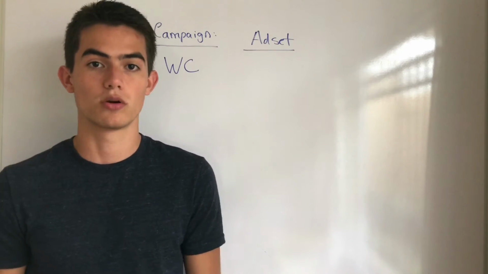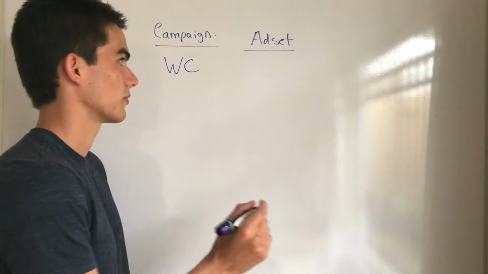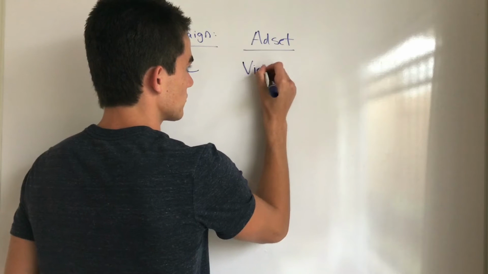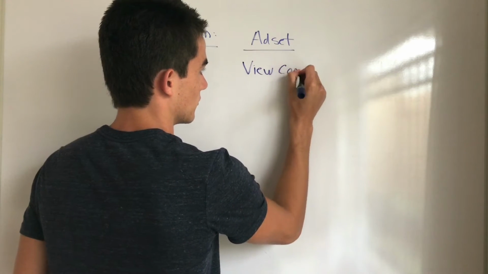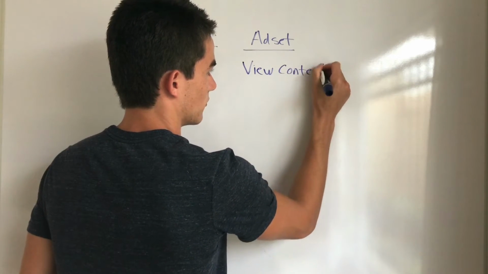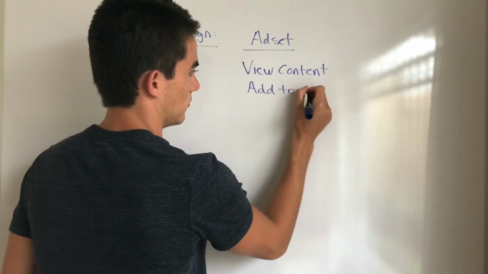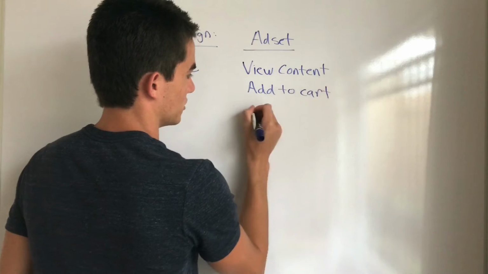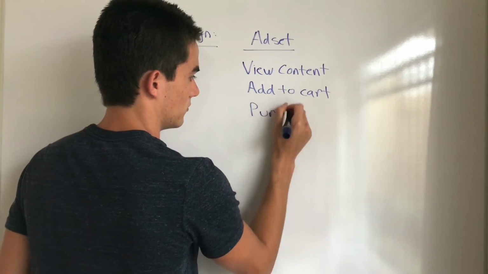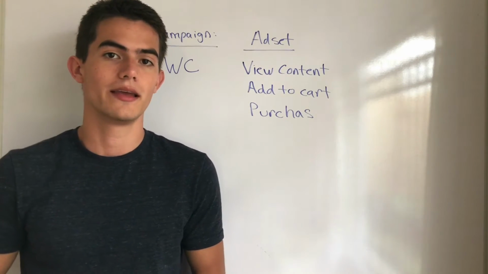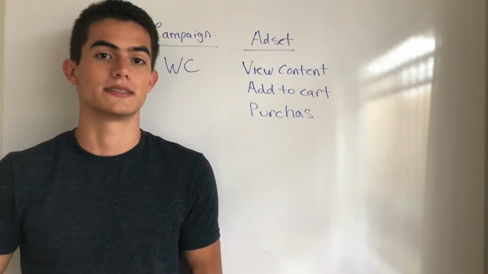But the ones you should be focusing on, and the ones I want to use, are view content, add to cart, and purchase. These are the three main events you will be using to run your e-commerce business on Facebook.